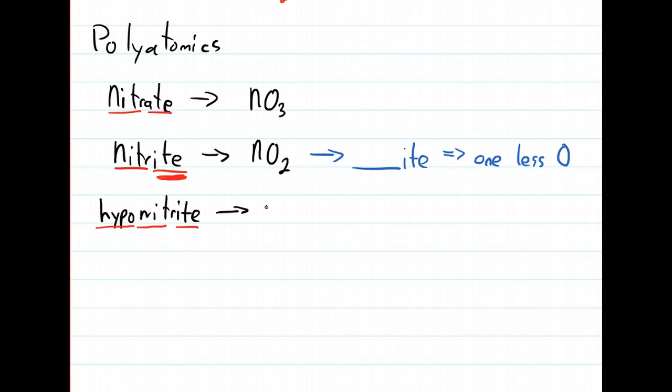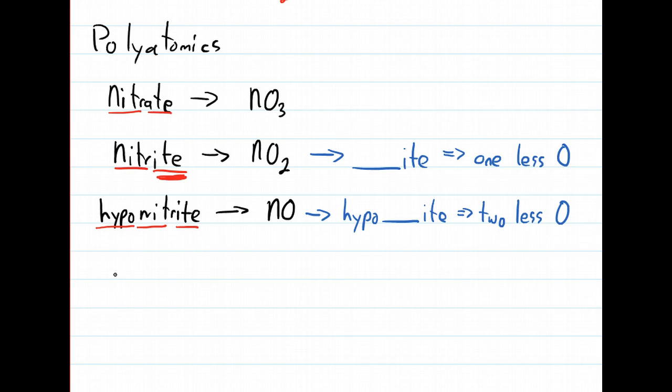So hyponitrite is actually going to be NO. So we can say hypo blank ite is going to be 2 less. Make sense? Yeah, it always refers to the oxygen.